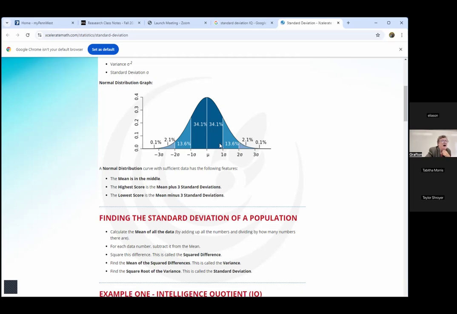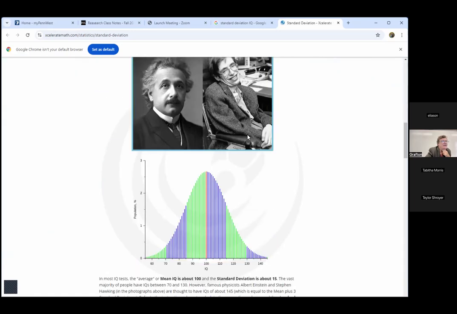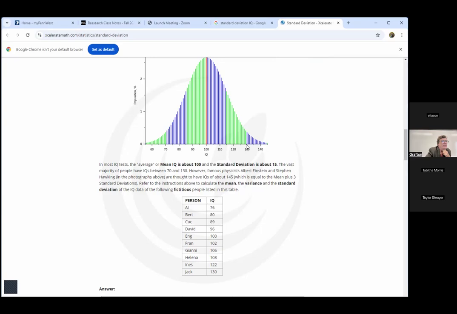If we go higher, we consider 15 more points, so 2 standard deviations positively. That would be 130. So that's considered gifted. If we go 15 points more in the negative, that's 70.